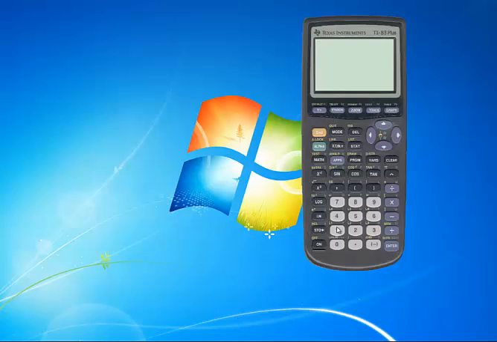Let's type in what we're supposed to. We put in 200 times, and we want the exponential function, so do second ln to bring e to a power.